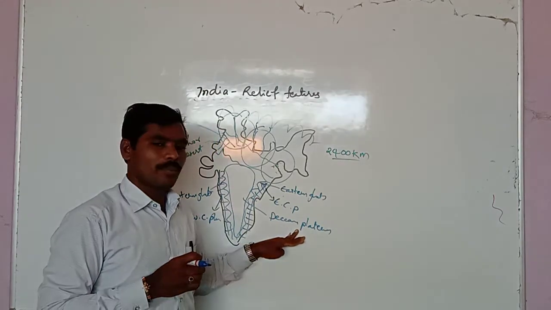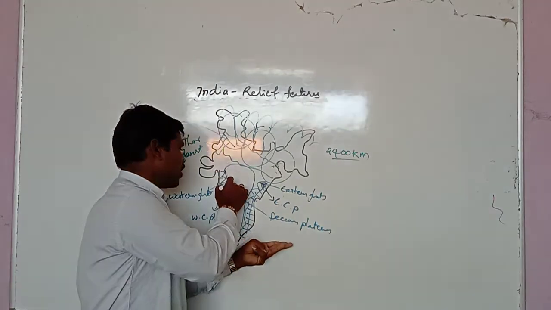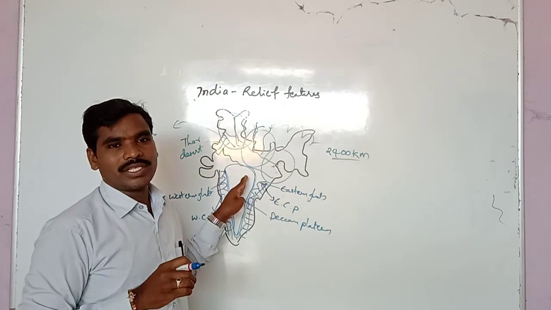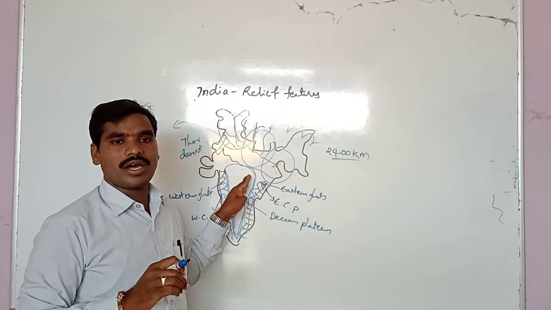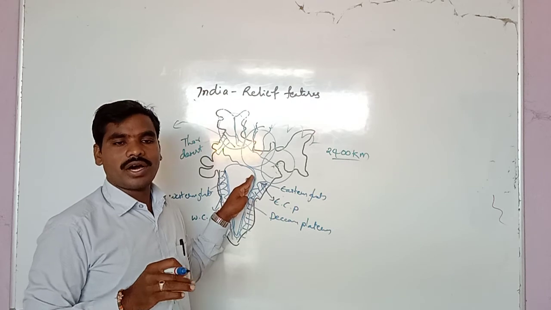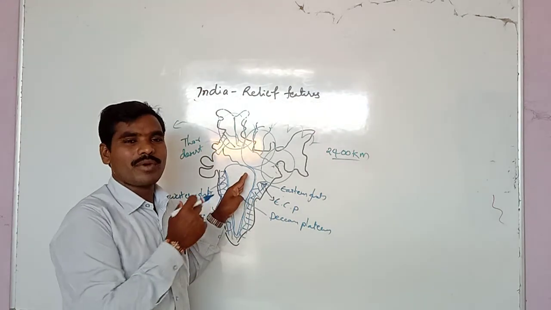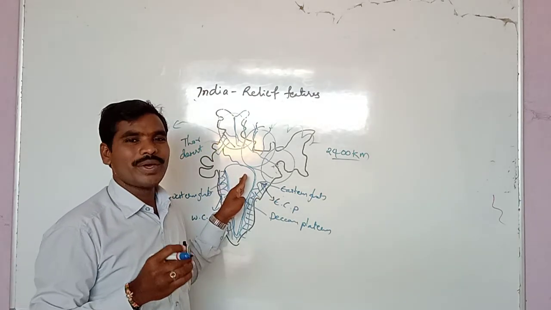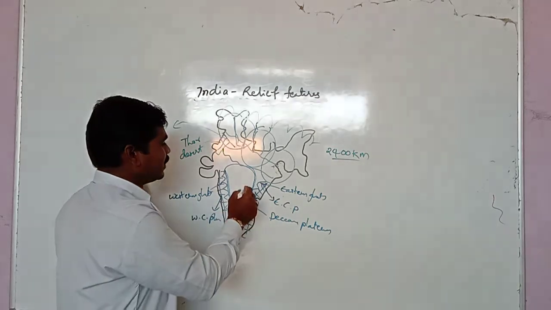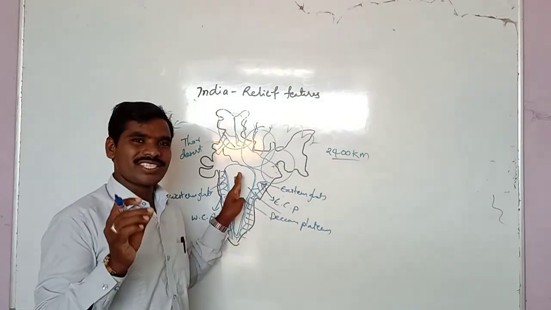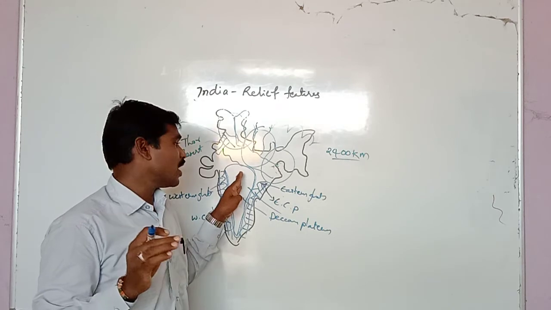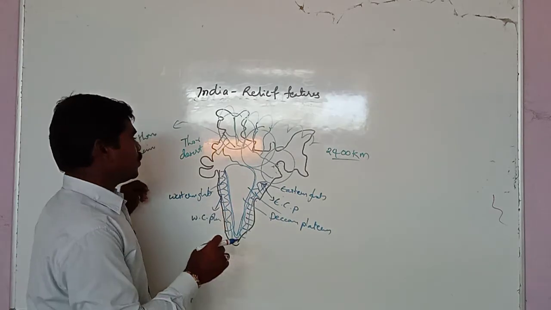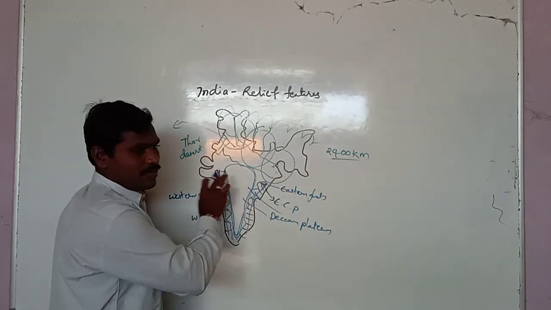This area is called the Deccan Plateau, where we are living: our Hyderabad, Telangana, and Bangalore, Maharashtra are located in the Deccan Plateau. Generally a plateau has more minerals. The Deccan Plateau consists of three plateaus: Malwa Plateau, Chota Nagpur Plateau and Telangana Plateau.